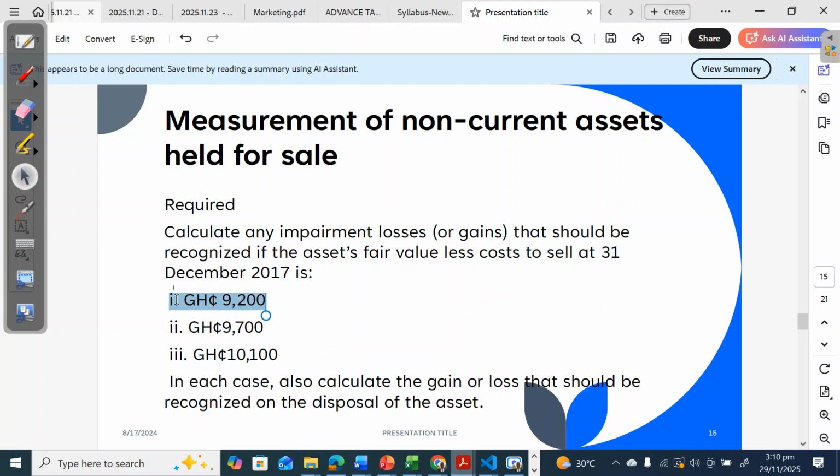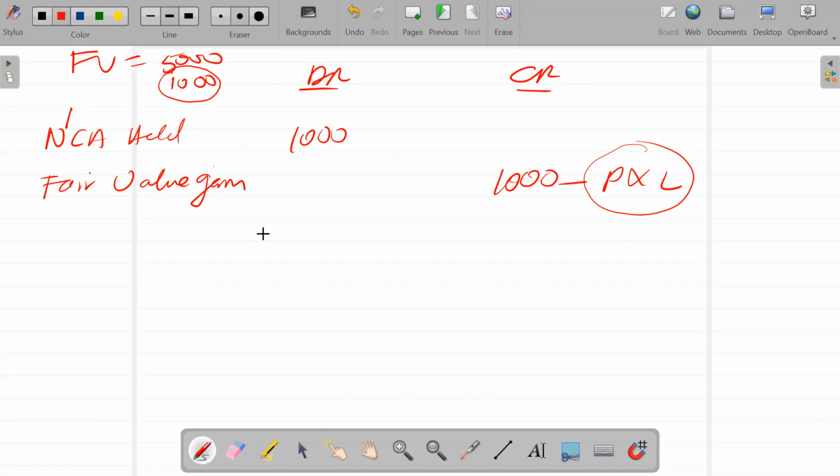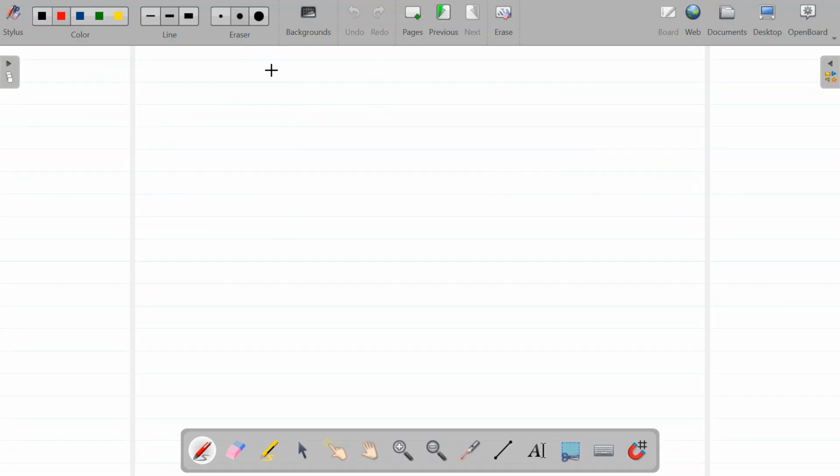So assuming the fair value is 9,200, how are you going to restate the carrying amount of this asset? Let's look at how we'll go about it. We always start with the initial recognition, the initial transaction. What will be the accounting treatment on the date that we classify the asset as held for sale?